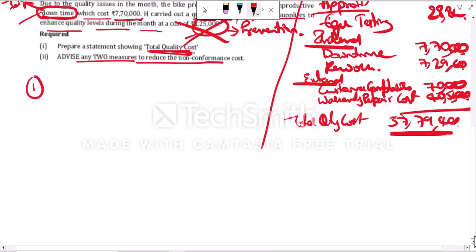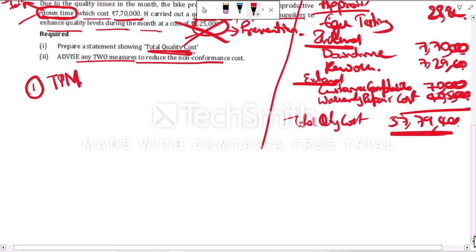One, internal failures we can reduce by total productive maintenance, so that we can reduce the downtime or any reworks. We should maintain the equipment properly in working condition and avoid all the breakdowns and delay in manufacturing.